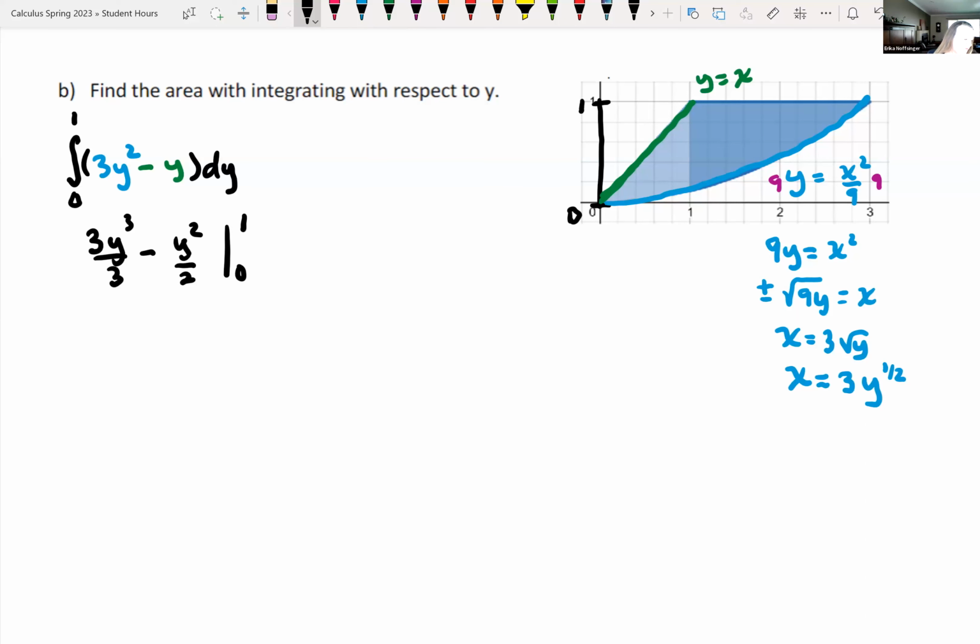So if we go in and do direct substitution, and those 3's cancel, we would get 1 cubed, which is 1, minus, what's wrong? Sorry, it's looking like something's wrong. Let me just pause the video for a second and find that.